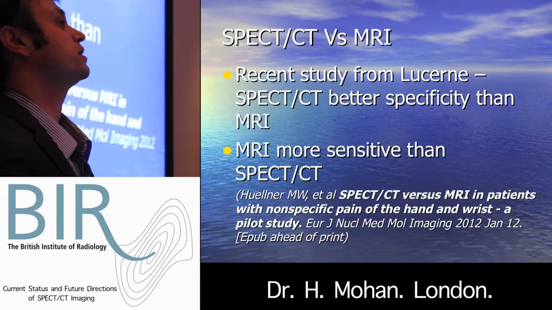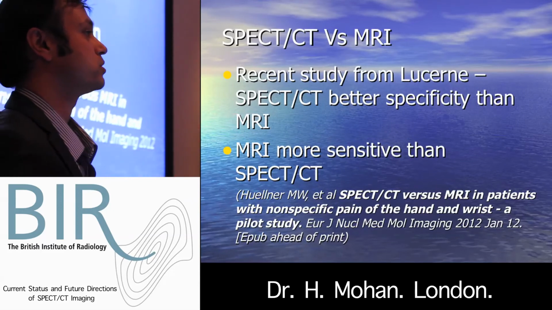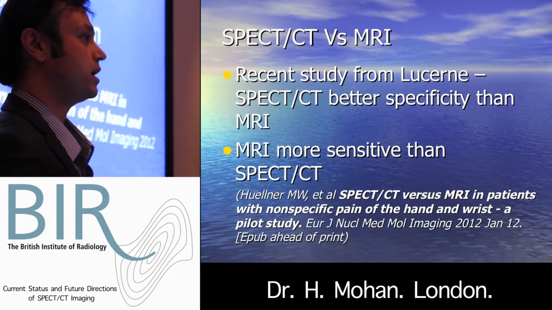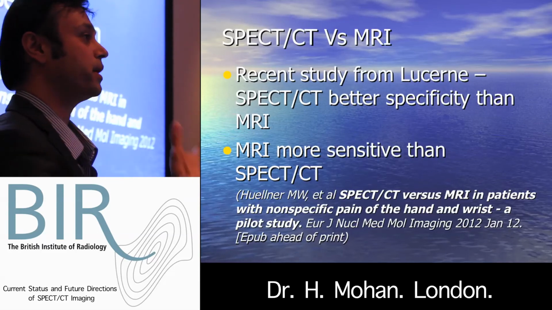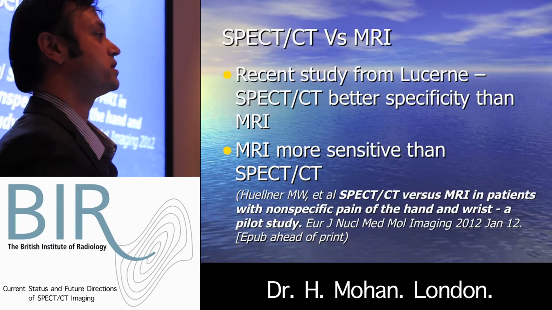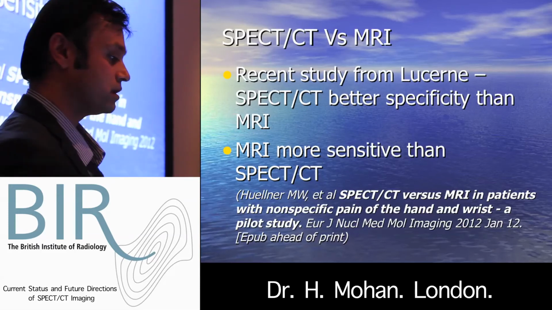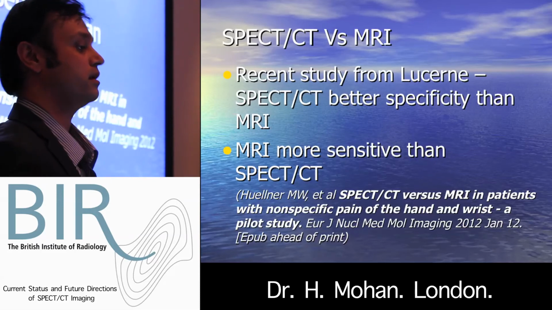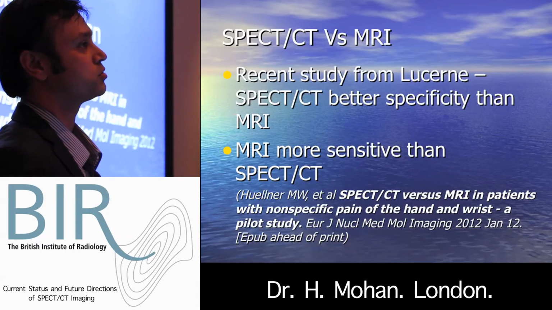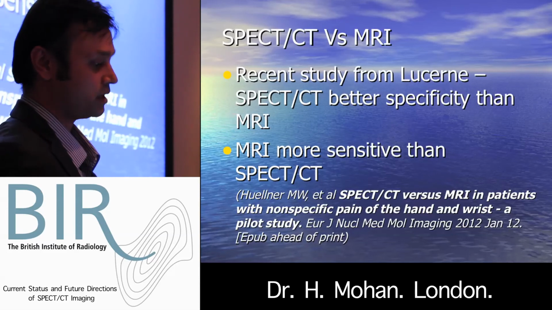And of course, always the holy grail for most musculoskeletal imaging has been MRI. And you have to compare your technique against how it does against MRI. And our colleagues in the Churn have recently looked at and compared the effectiveness of SPECT CT as opposed to MRI in about 21 patients in a pilot study.